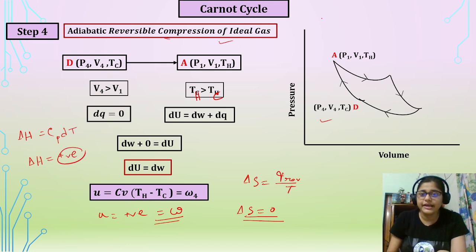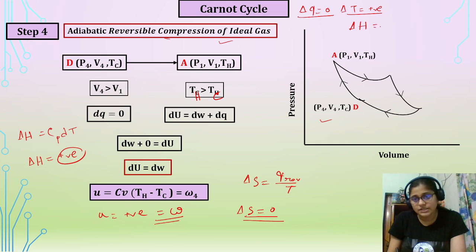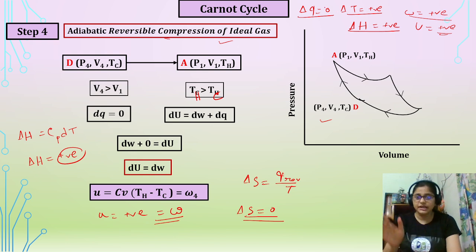So what we got here: delta Q is 0, delta T is positive, delta H will be positive, and W is positive and U is positive. Please write in your copy in a clear manner. So now we know the 4 steps, right?